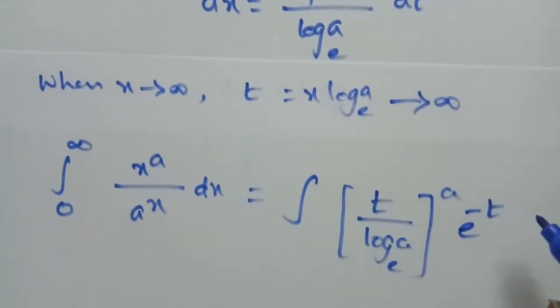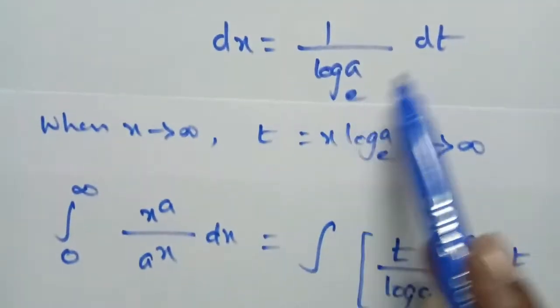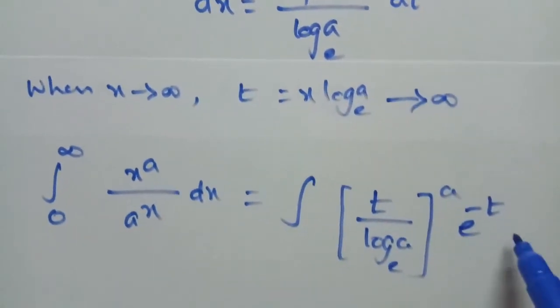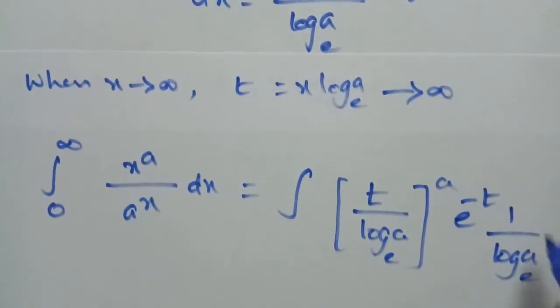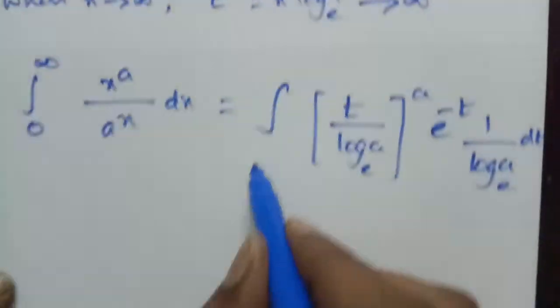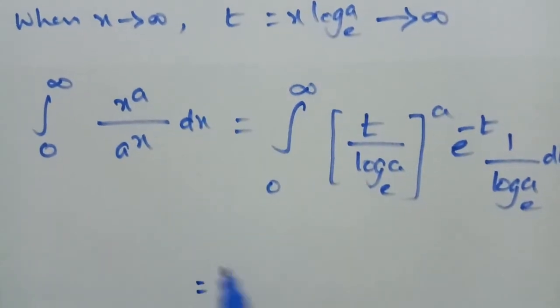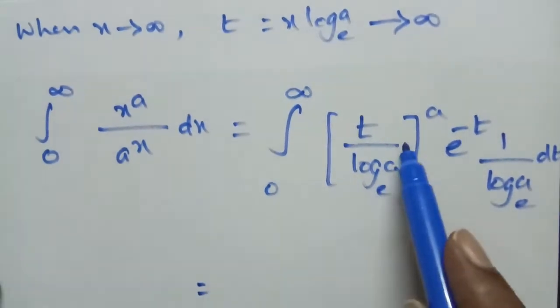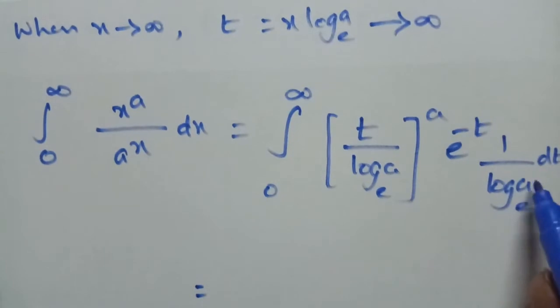We are writing the numerator into dx. dx is equal to 1 by log a base e into dt. Limits: lower limit is 0, upper limit is infinity. Therefore this can be written as 1 by log a base e whole to the power of a, times 1 by log a base e whole to the power of 1.